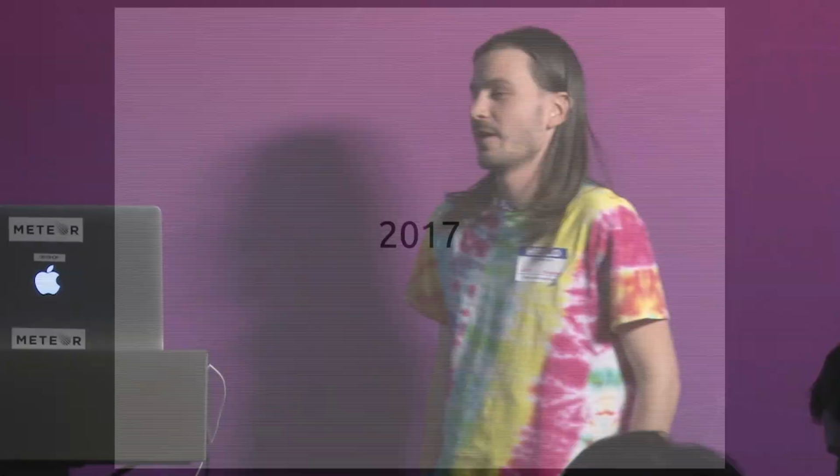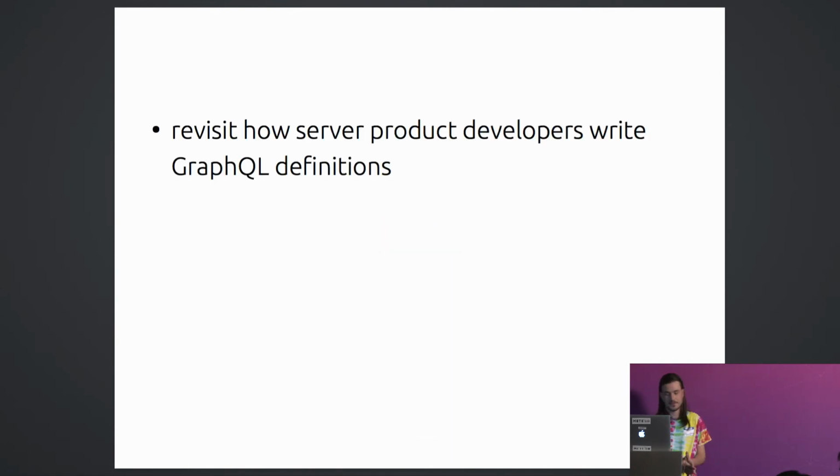All right, so that's an overview of some performance optimizations that we've done that allowed us to make the new server even faster than the old one that we had. Now I'd like to move forward to the present. What we're working on right now is that we're trying to revisit how server developers write these GraphQL definitions.